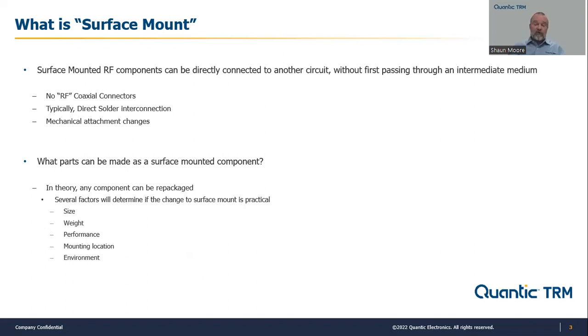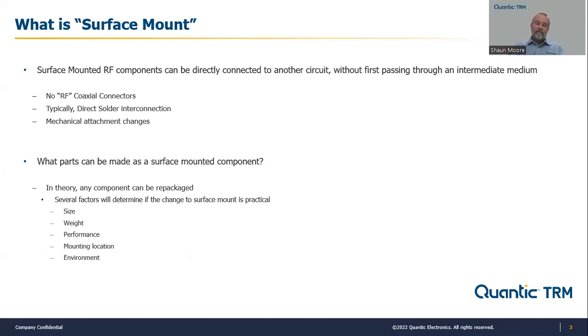Some RF components are so large that it doesn't make any sense to do a direct sort of mount. Other times, environmental conditions will preclude it, whether it's vibration because of mass or whatever else. These are all things that have to be taken into account. But essentially, most parts can be made surface mount if the other criteria make sense.